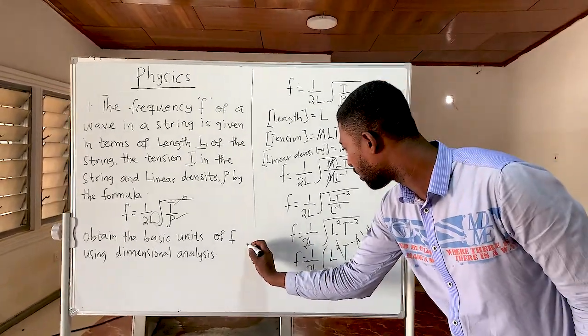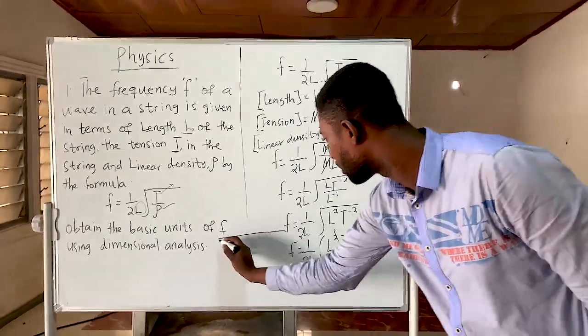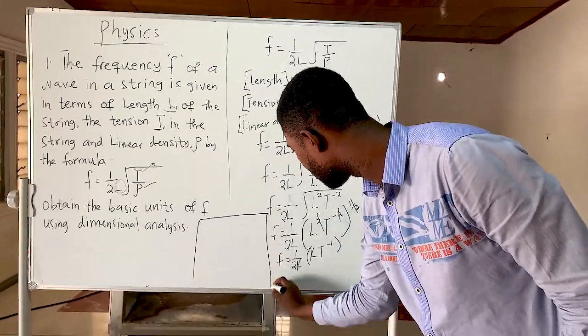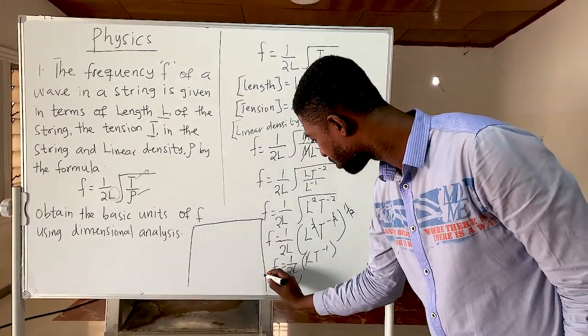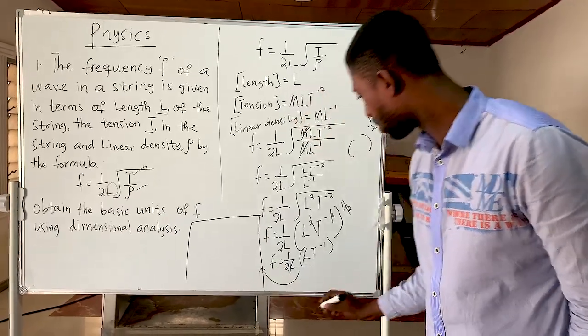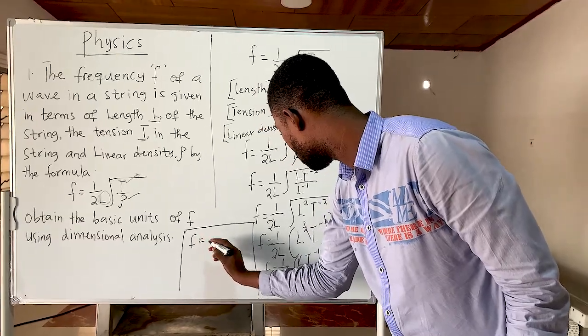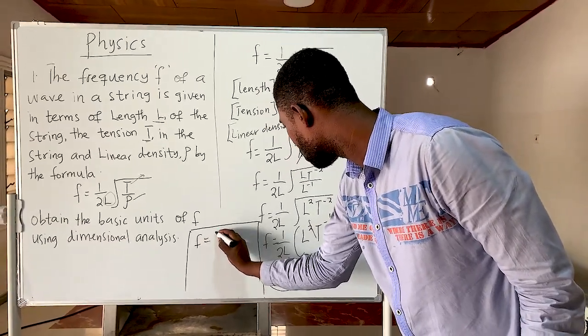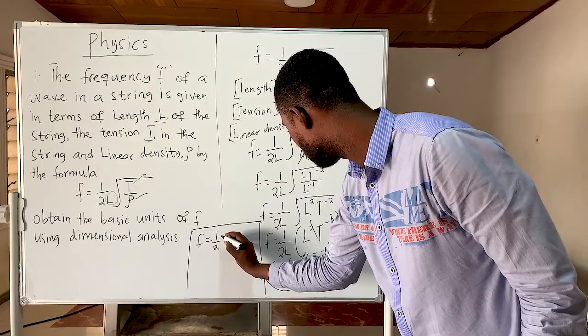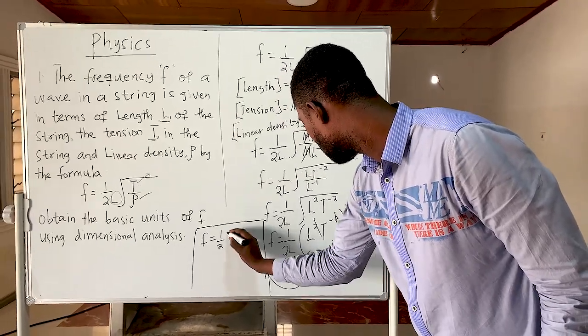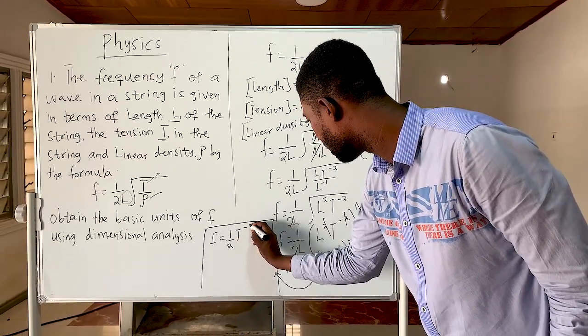So we are going to have F equal to 1/2 T raised to the power minus 1.